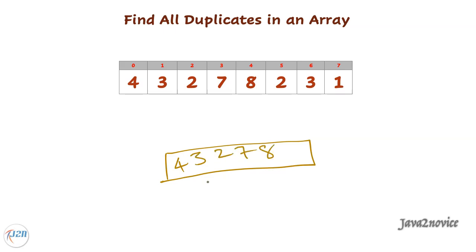We will also check whether the element exists in the hash set before adding it. For example, 2 is the current number in the iteration. So we will check whether 2 exists in the hash set before adding it. We can notice that 2 already exists. Since 2 already exists in the hash set, it is a duplicate number.